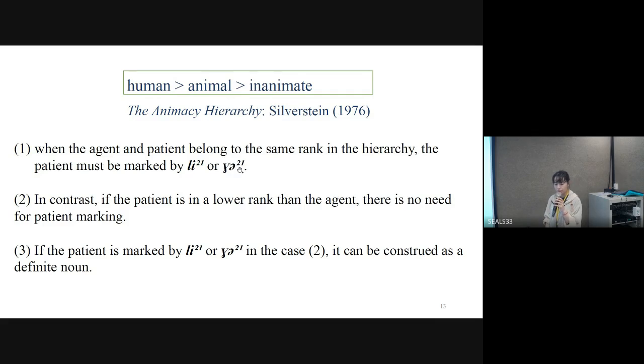If you don't use this marker, we don't know which one is the agent and which one is the patient. In contrast, if the patient is of a lower rank than the agent, there is no need for patient marking. There are also exceptions. If the patient is marked in those two cases, it can be construed as definite. I will give some examples later.